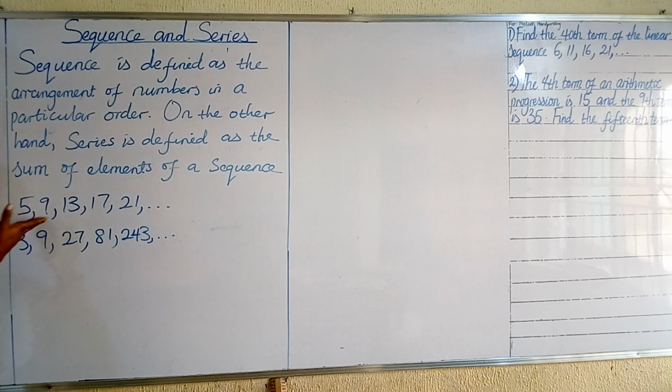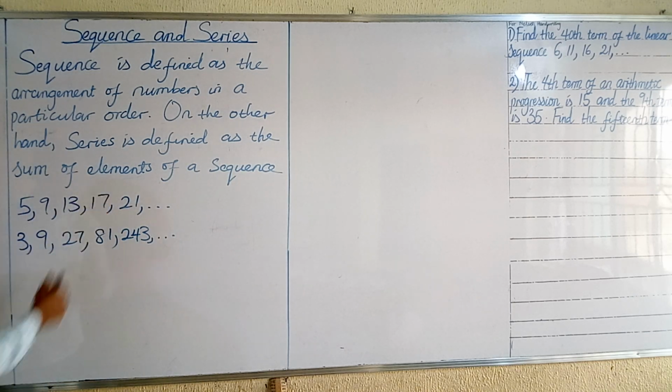So, for this one that involves addition, any sequence that involves addition and subtraction to get the common difference is referred to as a linear sequence or arithmetic progression. But for this one that involves multiplication or division, we have what is called the common ratio. This one we refer to as an exponential sequence.